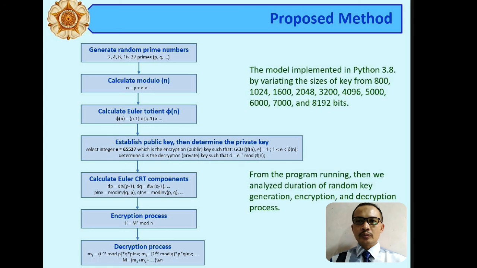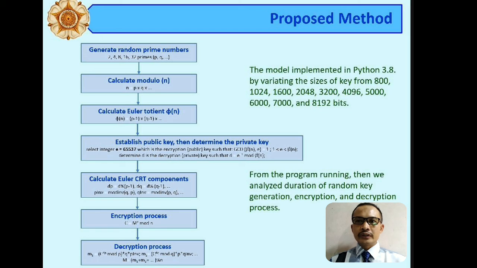After that, we have the public key and private key, and of course its private key components, and we can use the public key to encrypt our message. There is no difference in the encryption processing from the standard RSA. We can use the formula of standard RSA.